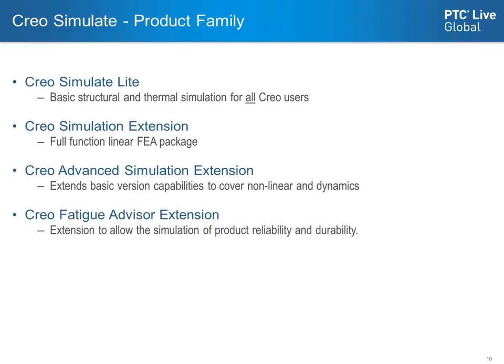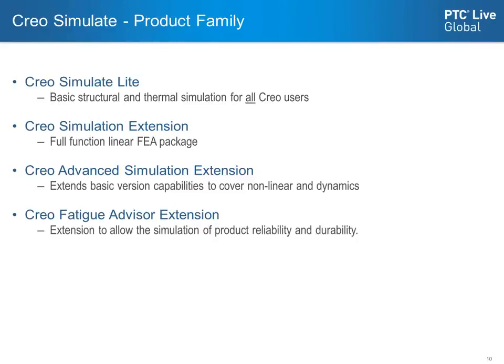Last but not least, we have the Fatigue Advisor extension. Again, this is a separate extension that companies can acquire, but the purpose of this is to evaluate the reliability, the durability, the life of a particular product. So if your product is going to be going through movement or performing some operation, how many cycles through that operation can your product, based on its current design, go through before it breaks?